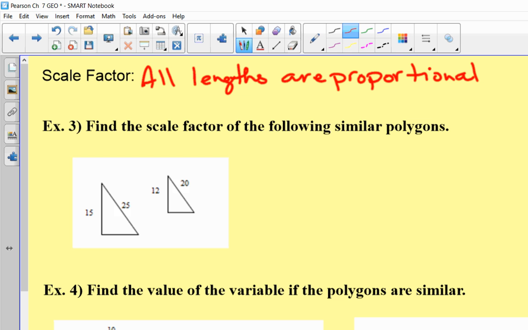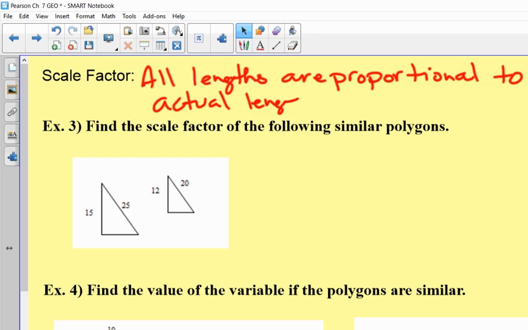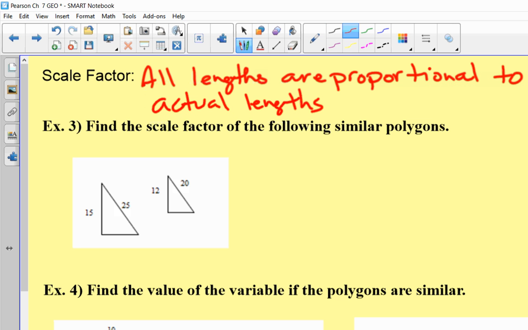All lengths are going to be proportional to their actual lengths. Okay. And remember, the scale factor is written in this way. So we get rid of the fractions basically and write it like that.